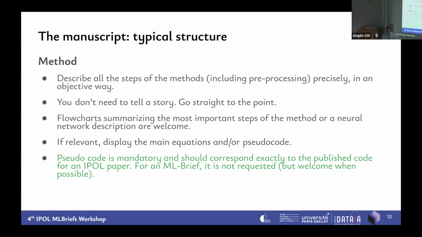And the same for the pseudocode. Actually, in regular IPOL journals, pseudocode is mandatory because it's a way to understand the code that you are giving with the article. The pseudocode should use the same notation, the same variables that you can find in the code.